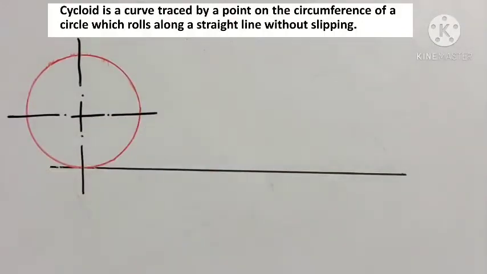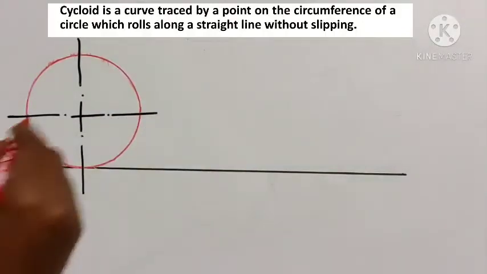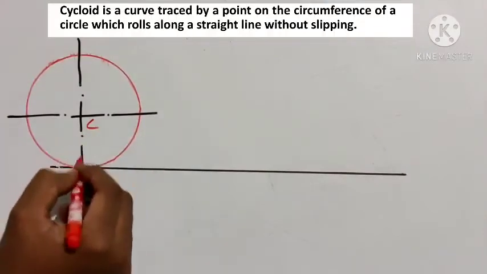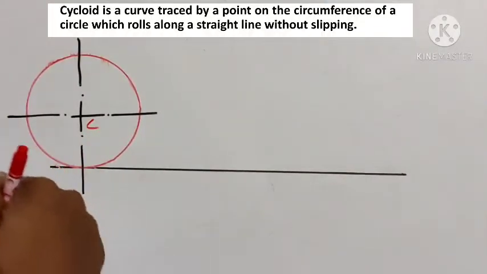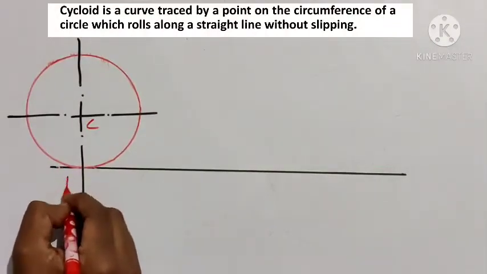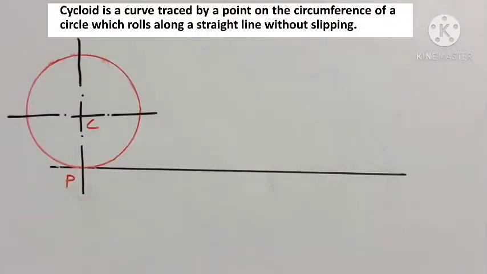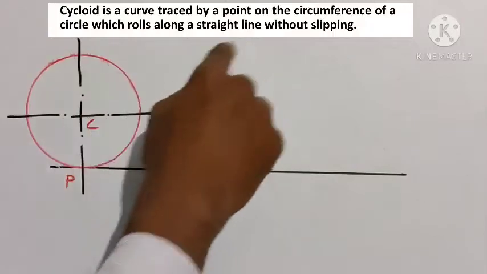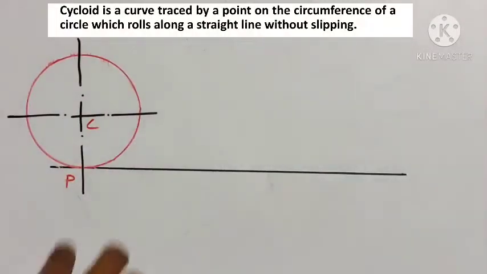Let's take the center as C and the point that is in contact with the baseline or the guiding line as capital P. So during this rotation, if you trace this point P for one complete revolution, you will get a curve.